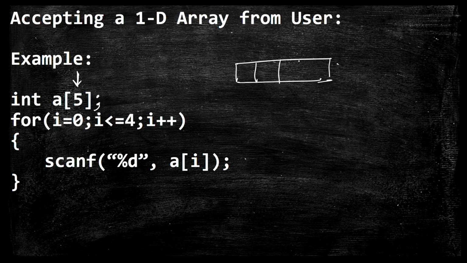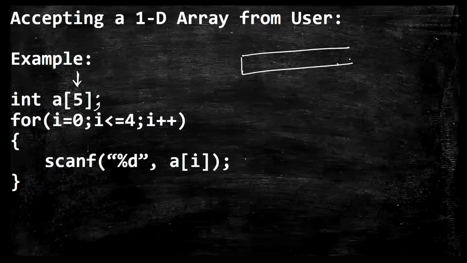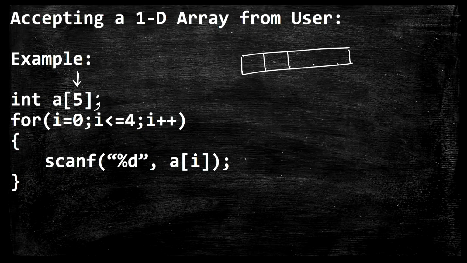So 1, 2, 3, 4 and 5. Inside the memory this variable a is created and it will have 5 spaces. And how do you identify these spaces?